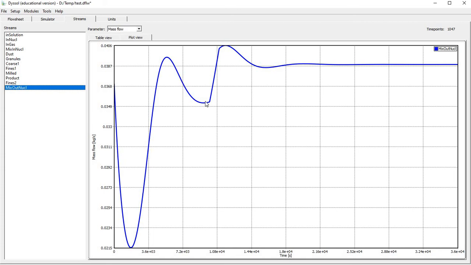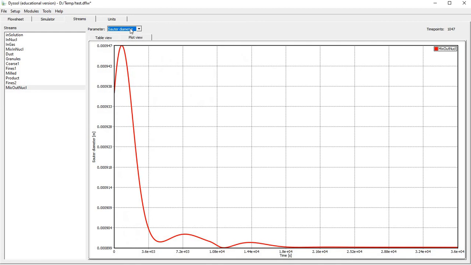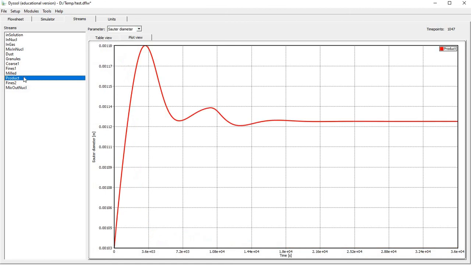We have some sort of dynamic process, and starting from 10,000 seconds we linearly increase the external nuclei flow. That's why we have this steep change. But we can also analyze, for example, the outer diameter of our product and how it changed. So we have some oscillations, which are influenced by the modification of the external nuclei stream.